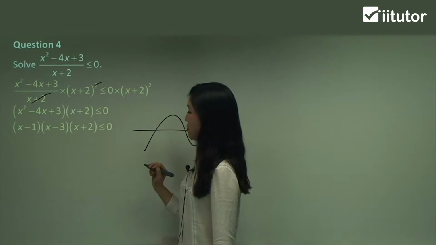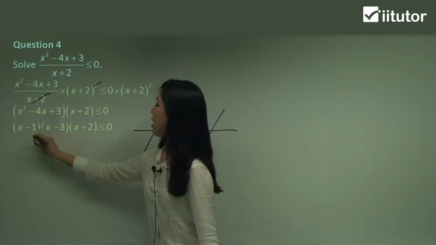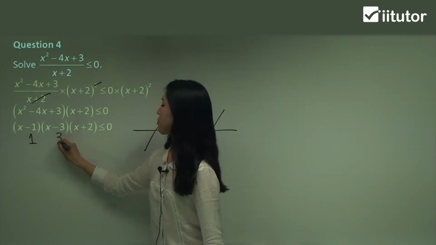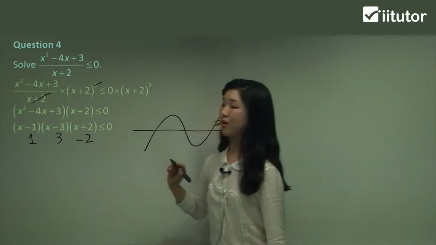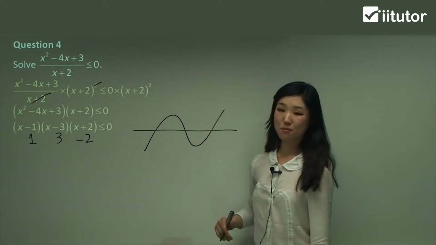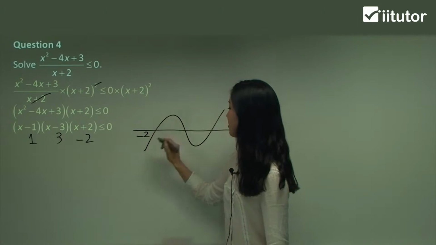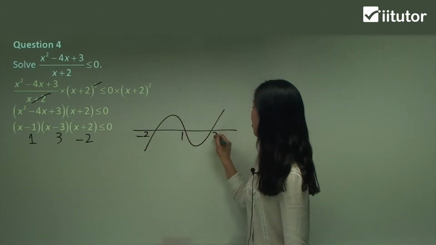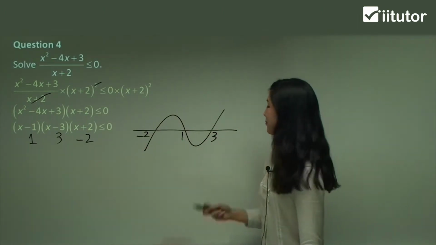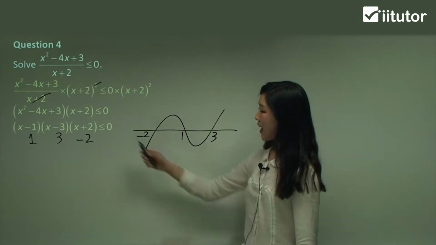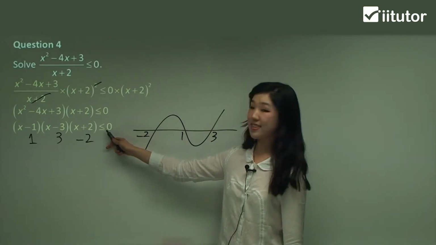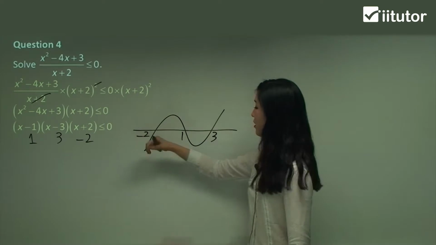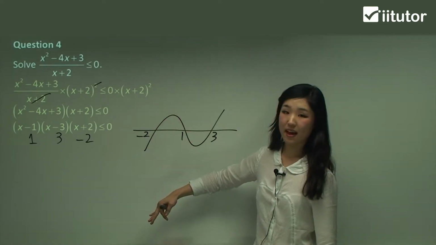Now what are the intercepts? We have here, we have 1, here we have 3, here we have minus 2, don't we? So plot them in, just like this. Minus 2, then 1, 3. Make sure you put them in order though. Okay, now I've got that. Okay, check. It's going to be less than or equal to 0, so it must be below the x-axis.